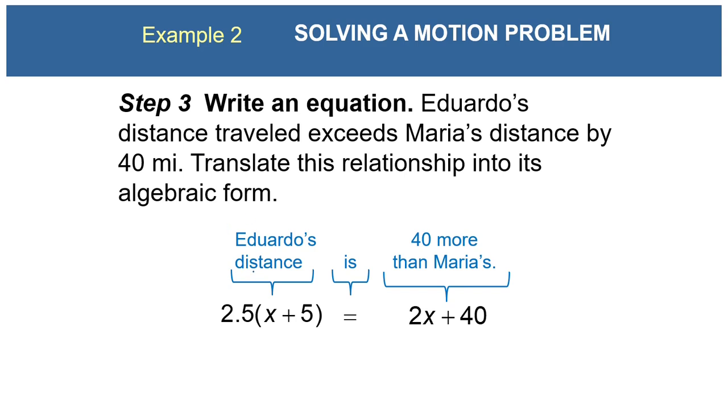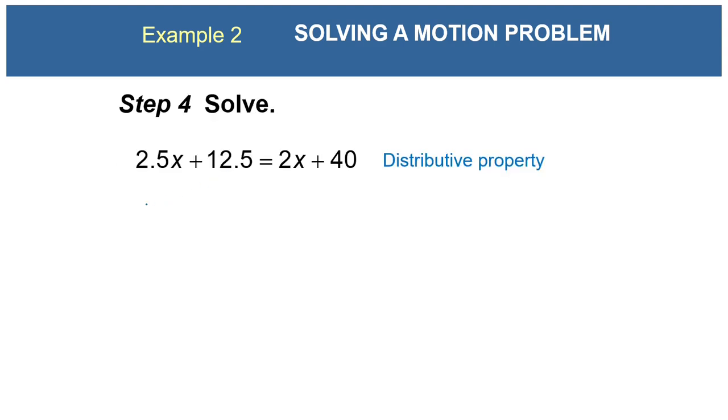And now I can use distribution. Let's distribute the 2.5 times x, and we'll multiply the 2.5 times 5. This gives us 2.5x plus 12.5 equals 2x plus 40. Let's subtract 12.5 from both sides.